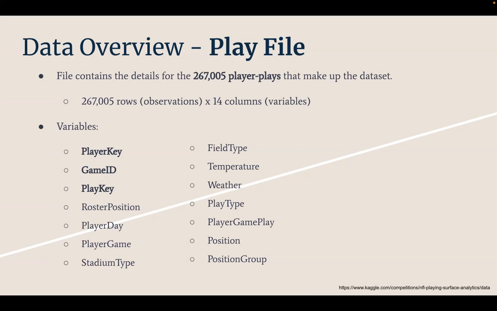The details about the game include the player's assigned roster position, the player day, the player game, stadium type, field type, temperature, weather, play type, what type of play they were in the middle of, the player gameplay, position, and position group.